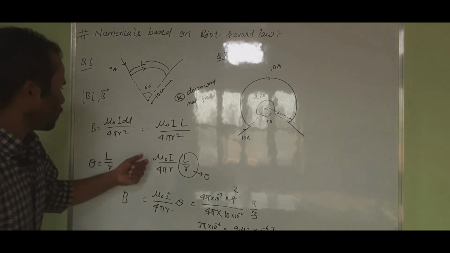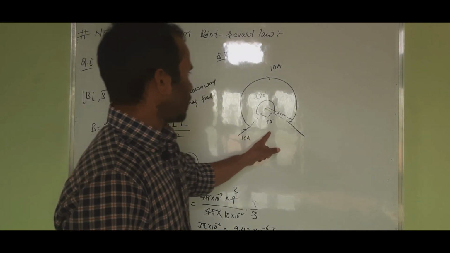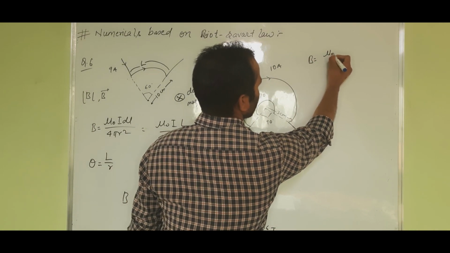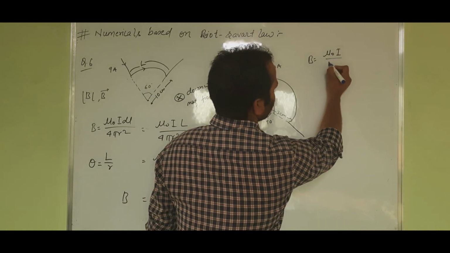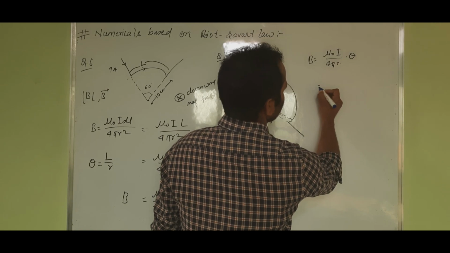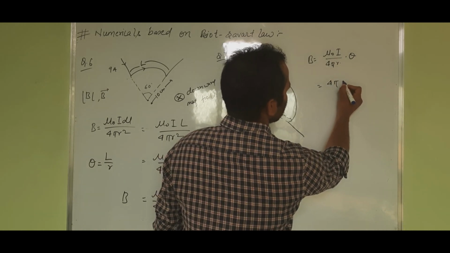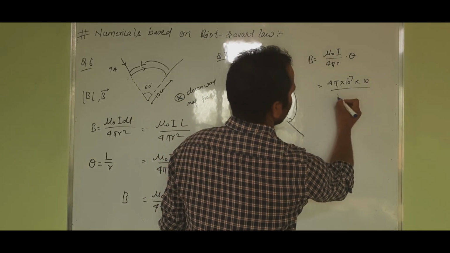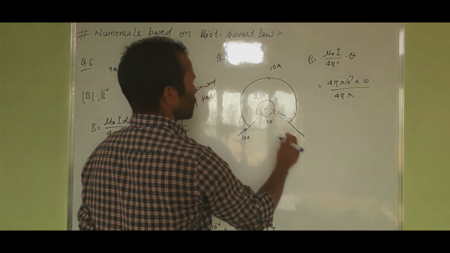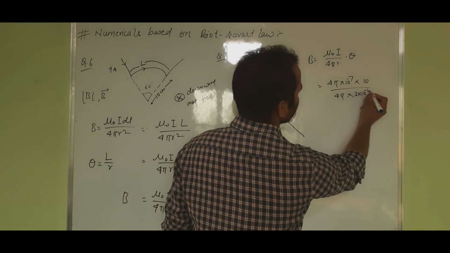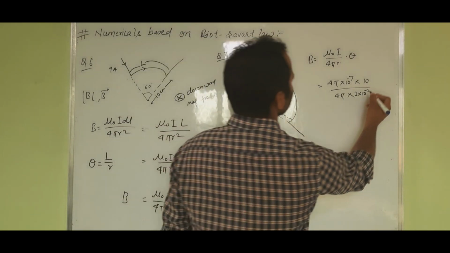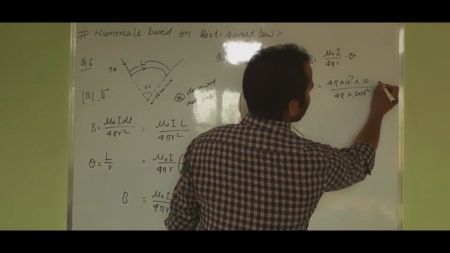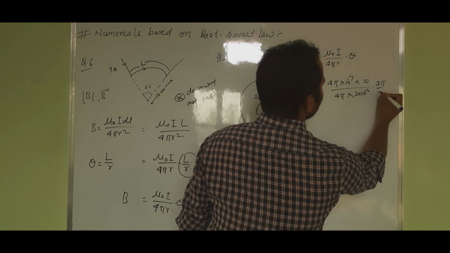Similarly, if you use this expression in this question, we get B is equal to mu naught I upon 4 pi r into theta. Mu naught is 4 pi into 10 to the power minus 7, I here is 10 amps, 4 pi, and r is 3 centimeter, that is 3 into 10 to the power minus 2, and theta is 270, which converted into radians is 3 pi by 2.